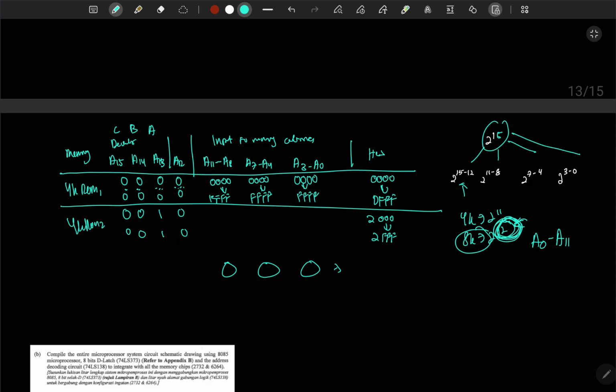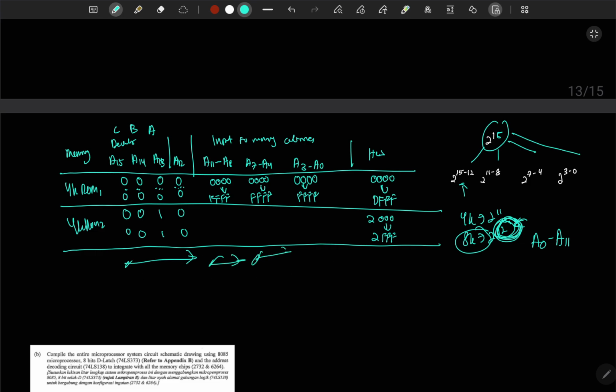So remember I asked you guys to make this as nibble. What nibble actually means is that we make every single group 4 digits. If we convert this into hexadecimal, we get this as F, this as F, this as F, and this is either 0 or 1 or 2.